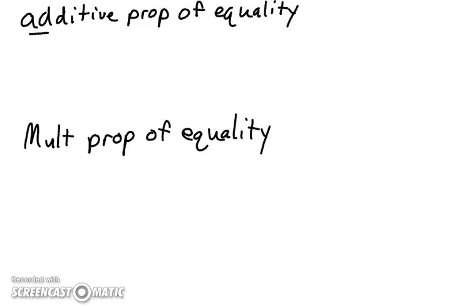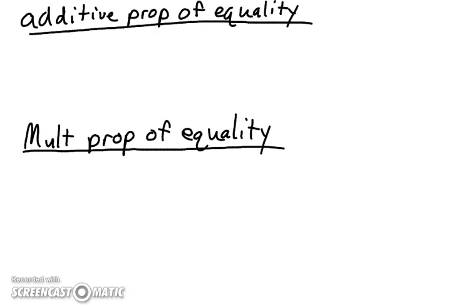All that this says is that if you have two numbers that are equal to each other, and you either add or multiply the same thing to those numbers, they will still be equal. So in other words, if A equals B, then A plus C equals B plus C.